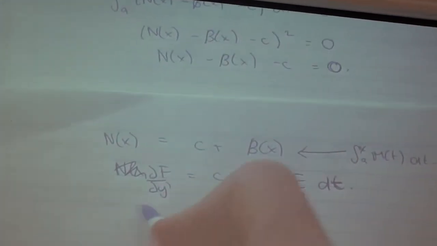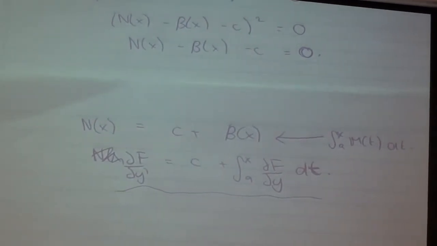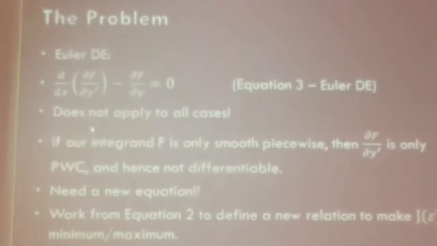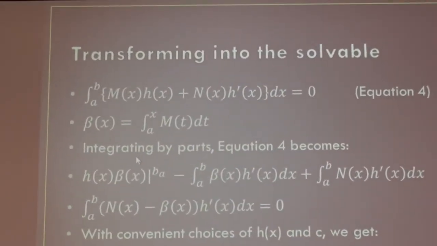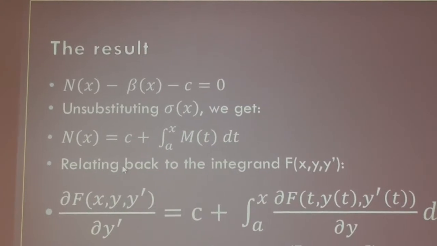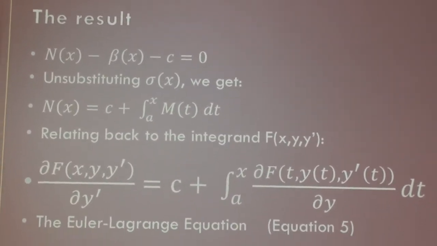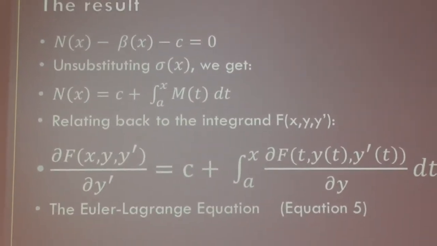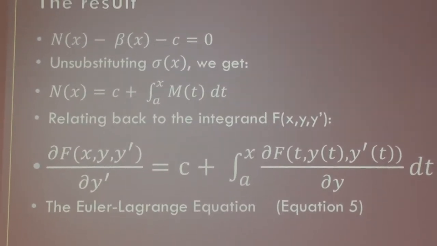So this is a very important equation, the Euler-Lagrange equation, which, going back to the projector, is very powerful because none of these terms are differentiated twice. So now we have a whole new set of equations that can be solved, a whole new set of Lagrangians that can be solved using this equation without needing them to have two continuous derivatives.